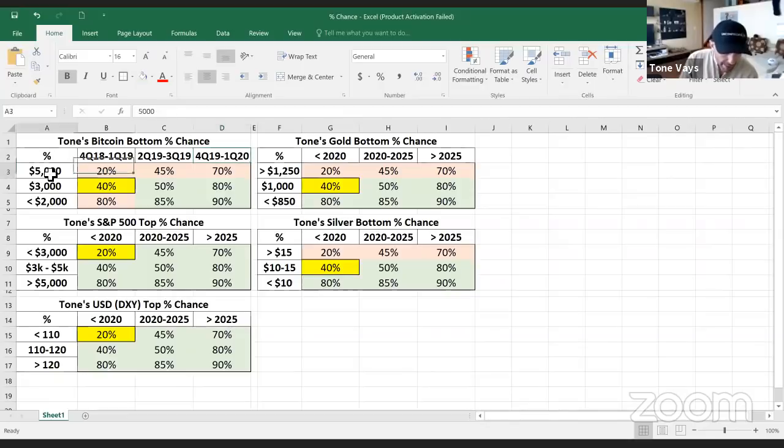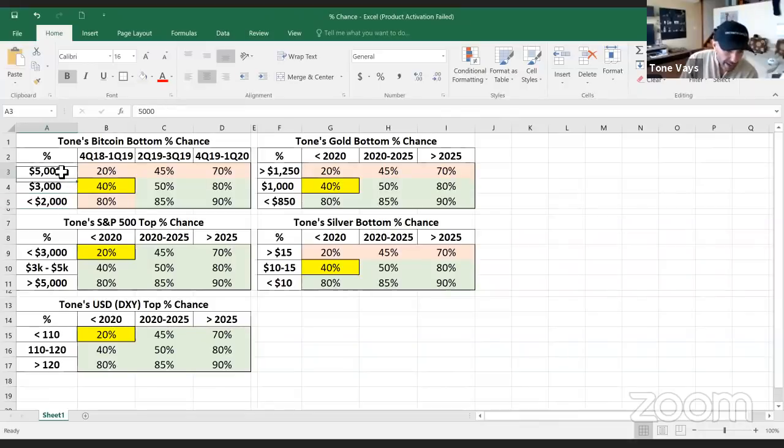Okay. Now on the price side, I had 3 downside targets: 5,000, 3,000, and under 2,000. And I could put 1,300 there, but that's just too specific. Like, I don't know what the price is going to be. But if we go under 2,000, that would be close enough to 1,300, right?